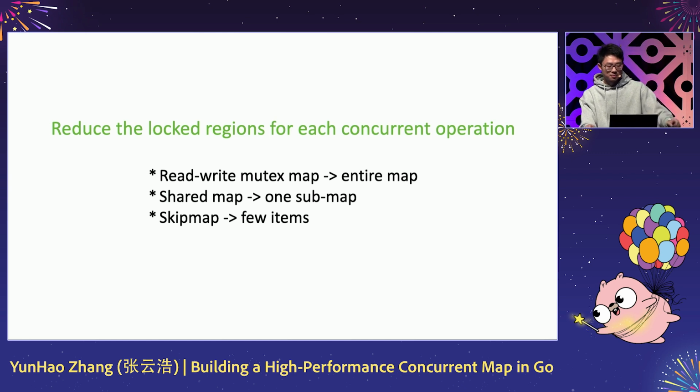With the sharded map, only one submap inside the sharded map needs to be locked. With the skip map, only a few items need to be locked. So which means if we have thousands of items in the skip map, we can allow hundreds of cores to execute concurrently. So that's it.